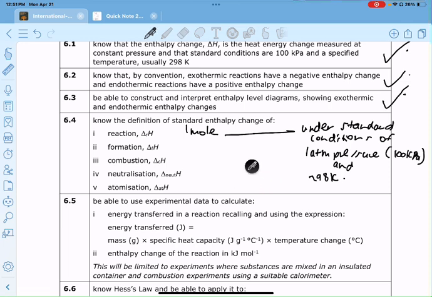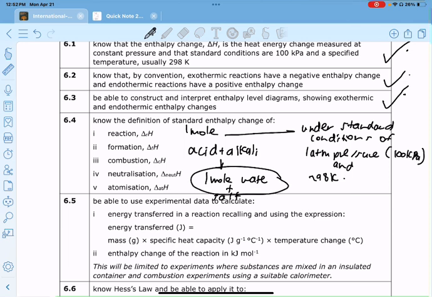For neutralization, it is defined as the enthalpy change of a solution when an acid and an alkali react together to produce 1 mole of water under standard conditions, okay? So it's acid plus alkali to produce 1 mole of water. Also, it produces a salt, but we're not looking at the salt, we're looking at the water, okay?